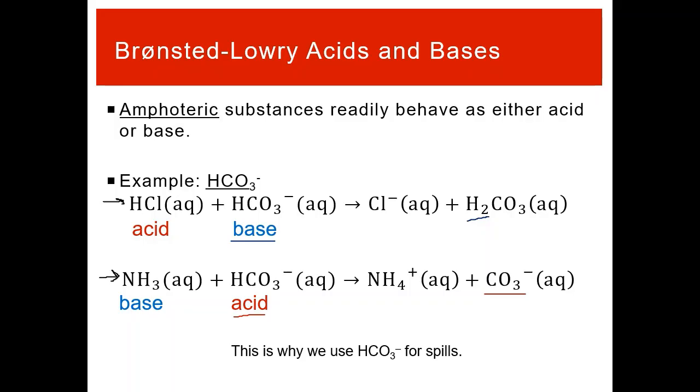You can deal with potent acids, large spills of acid, large spills of bases. You can react with them, neutralize them, and create something that's far less dangerous, far less reactive. That's why we use sodium bicarbonate, because it has both. Instead of having to have an acid to react with bases and a base to react with acids, we just need one thing. Sodium bicarbonate can pull double duty.